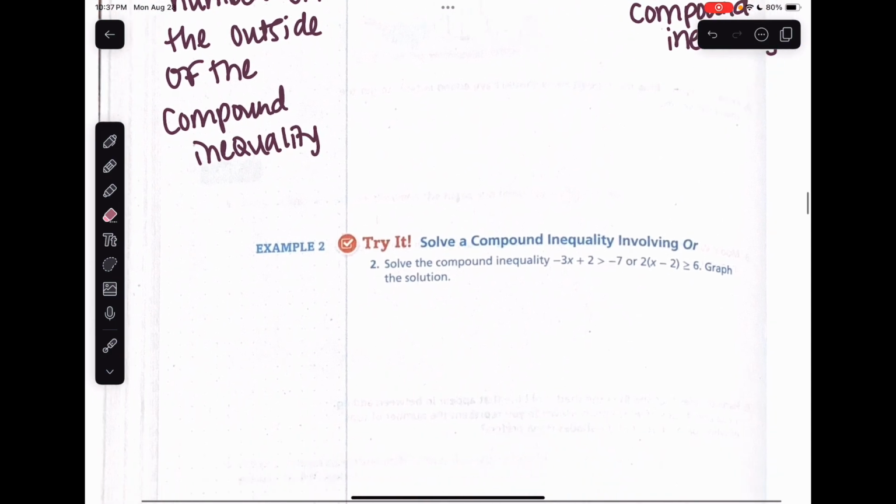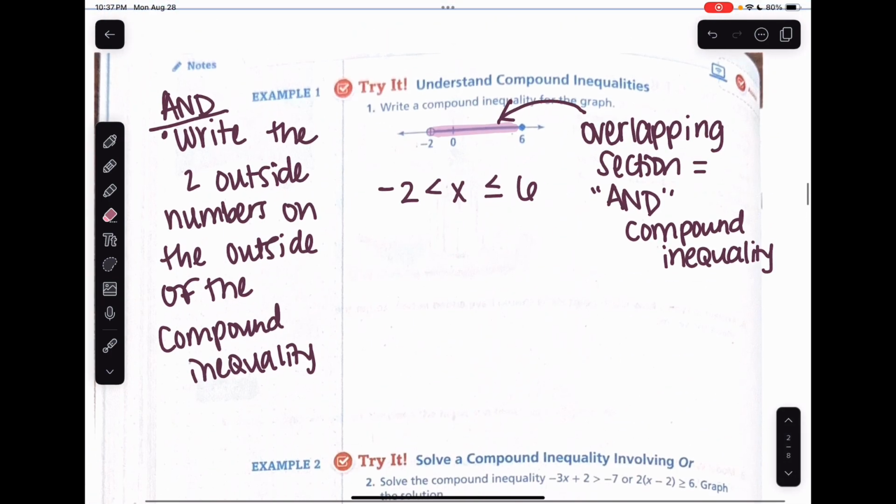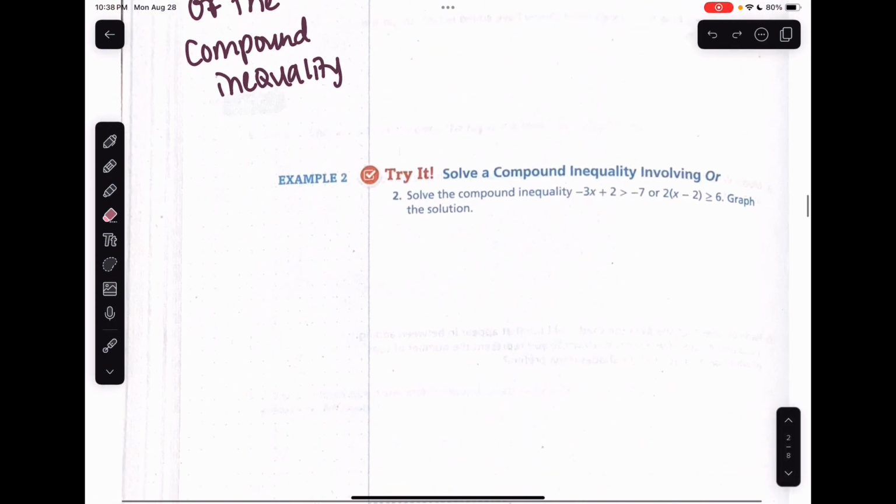Number 2 says solving it with an or. This is what I was talking about: and was up here, and or is down here. With an or statement, instead of them coming together and overlapping, they will never touch.